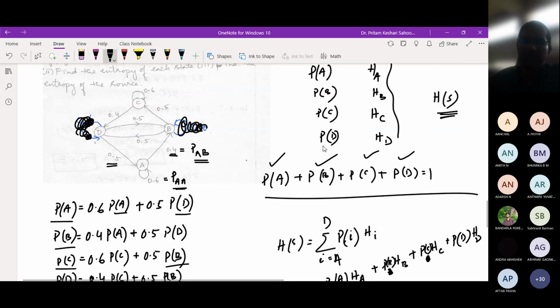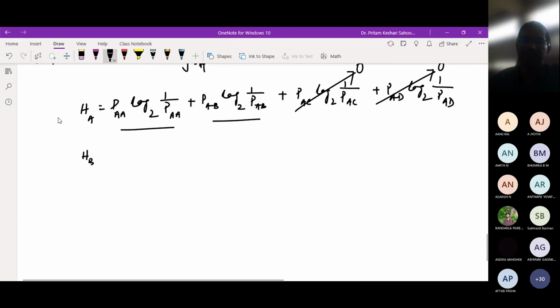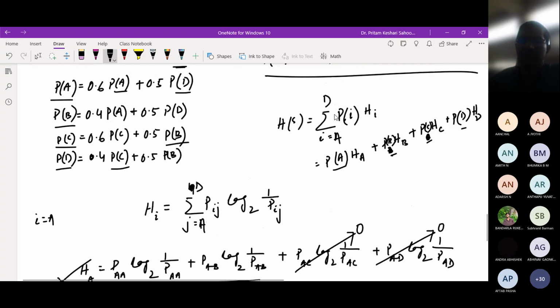You have calculated PA, PB, PC, PD, and HA, HB, HC, HD also. So using those values, you can easily calculate the average information of the given source.